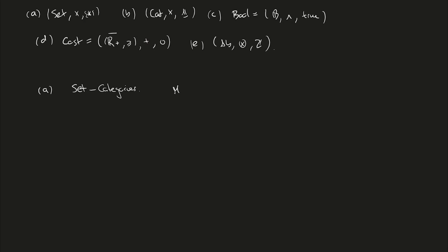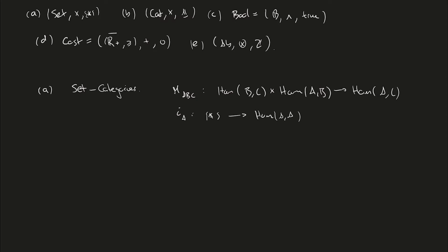Moreover, we have a composition map, M_ABC, which is now a map in sets, so it goes between the Hom set of BC cross Hom AB to Hom AC. And finally, we have an identity for each object, which is a map from the monoidal unit, which in our case is the singleton set, to Hom AA.